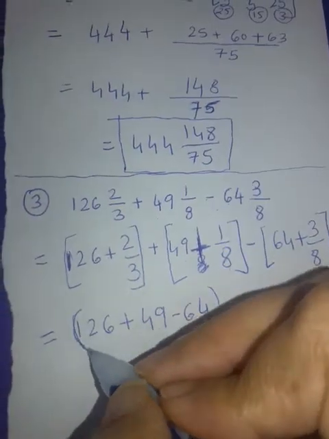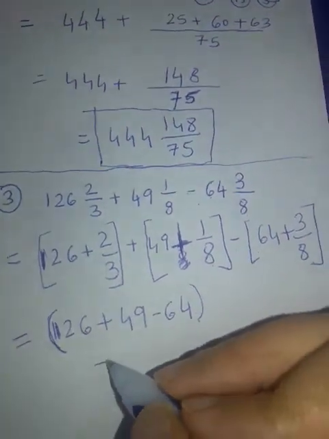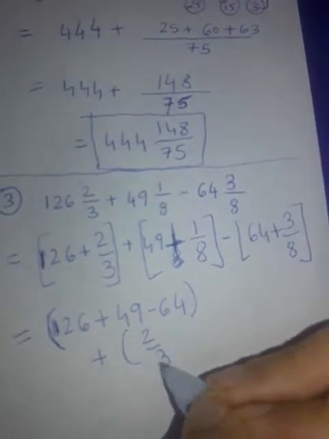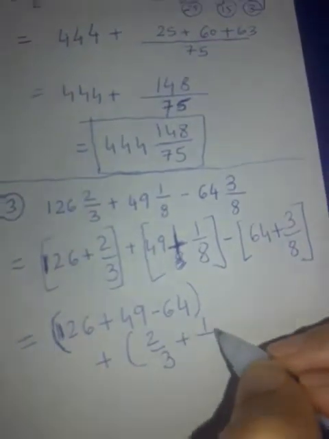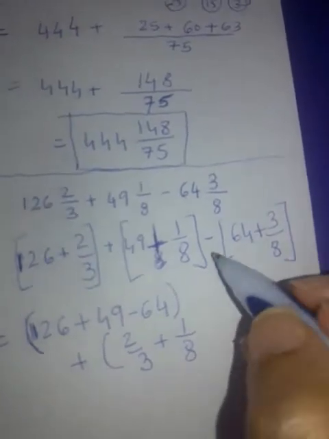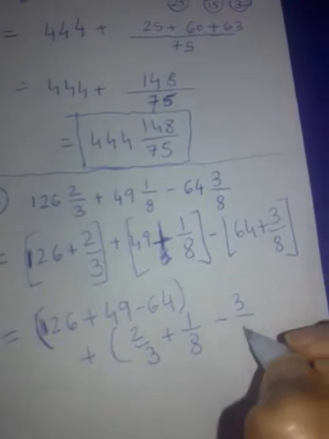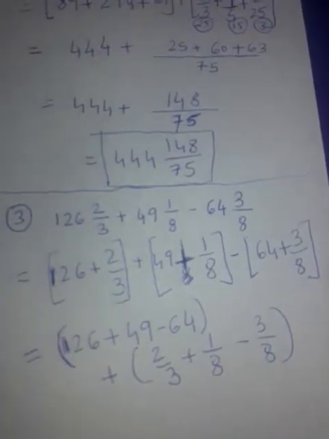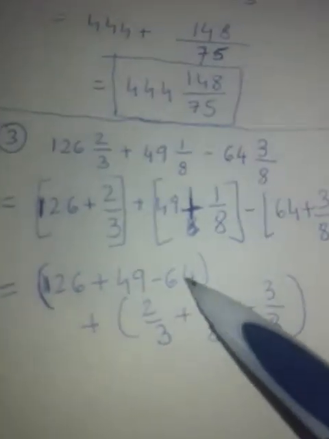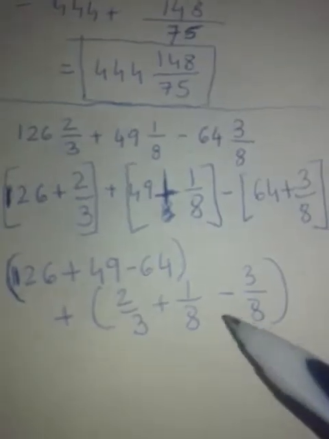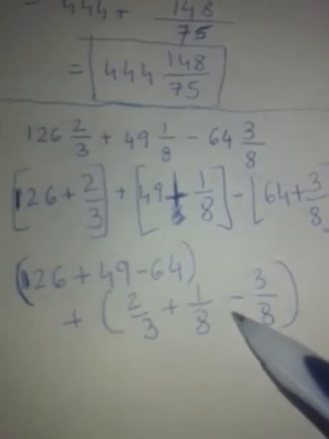Let me put a bracket again. Then for this it is 2 upon 3 plus 1 upon 8, and now this minus sign is for this number also. So you observe this: for 64 also there is a minus sign, and for 3 upon 8 also there is a minus sign.